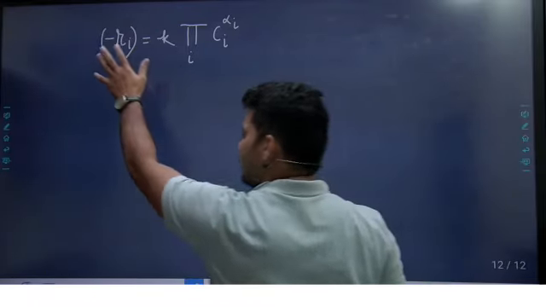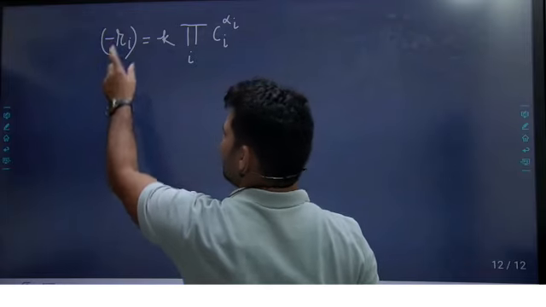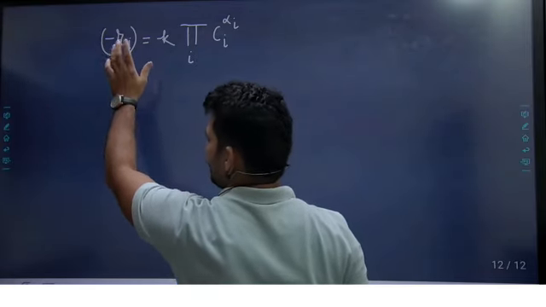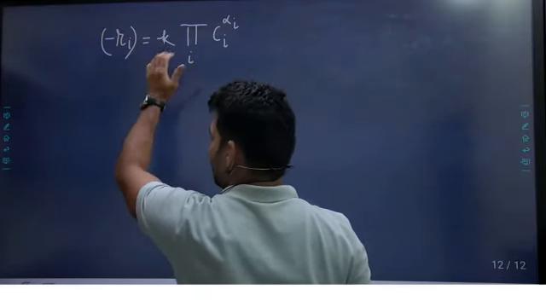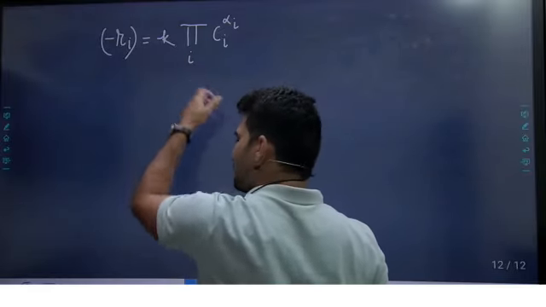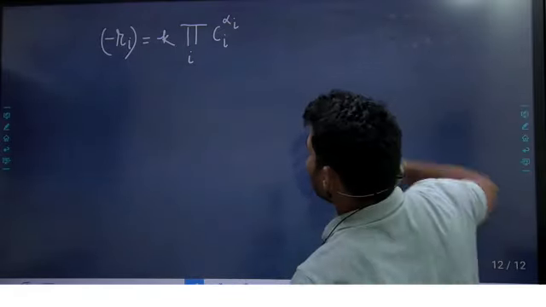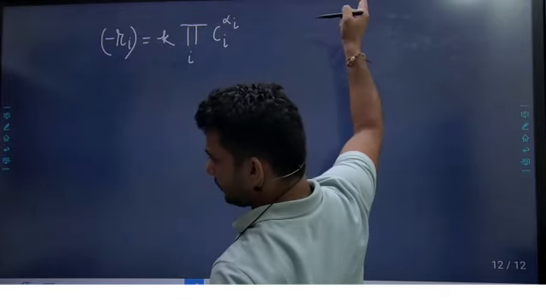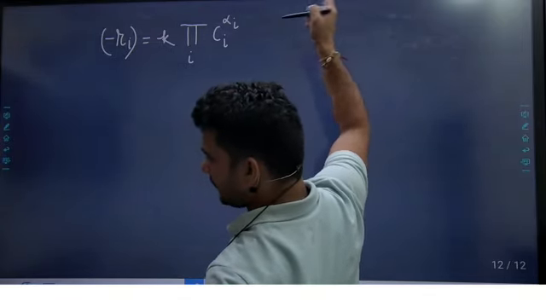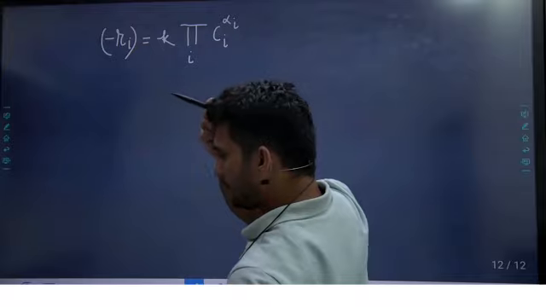Power law kinetics tells us that the rate of disappearance of any component I is directly proportional to the multiplication of the concentrations raised to their exponents for the different components.